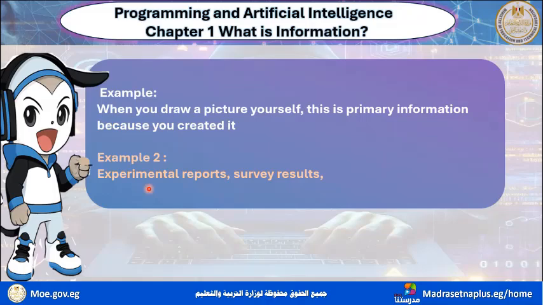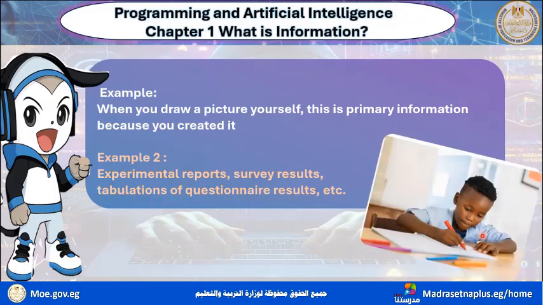So this is primary. As you can see here, of course, tabulations of questionnaire results. Check this image here. We have this student, this kid, writing his report by himself or drawing by himself. So this is primary information.